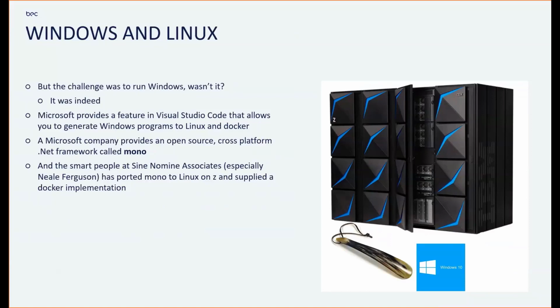And the very smart people at a company called Sine Nomine Associates, and especially a guy in Australia called Neil Ferguson, have ported Mono to Linux on Z and supplied a Docker implementation. So you can go to Docker Hub, which is where all the Docker containers live, and pull down a Mono container which can run on zCX. It works nicely. And then we can shoehorn a Windows application into it.